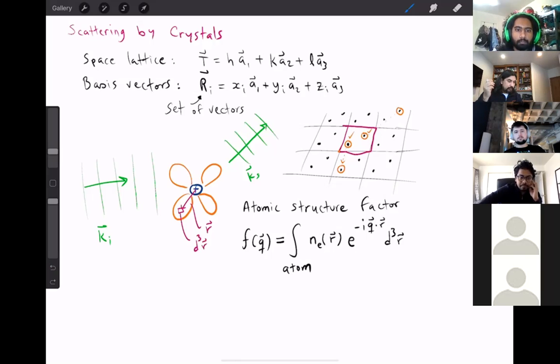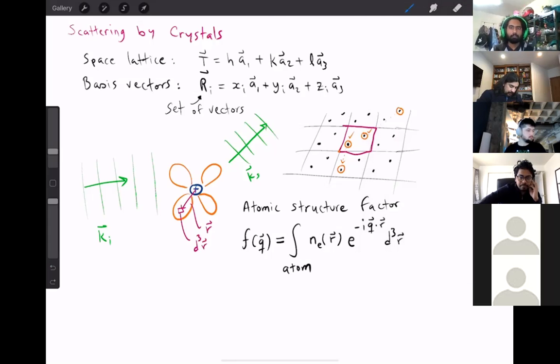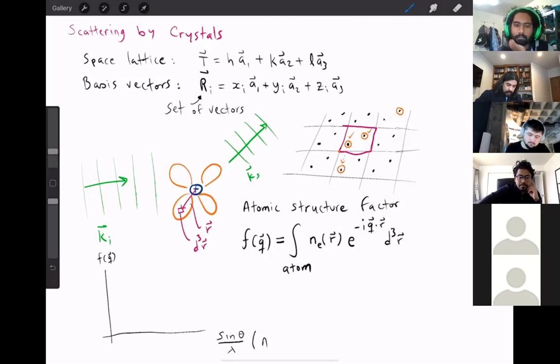And the atomic form factor, let me plot it right here. So here I would be plotting this f of Q, the atomic form factor. And on the bottom, I would have Q, which is sine of theta over the wavelength, and this would be the definition of Q, in units of inverse angstroms.